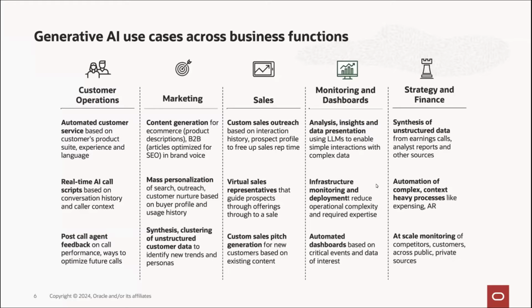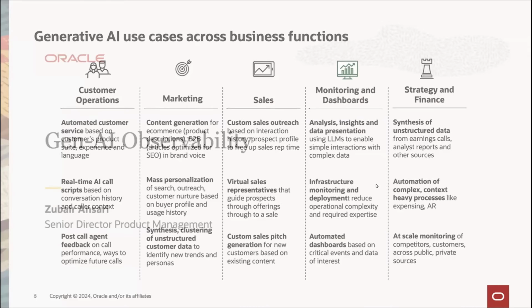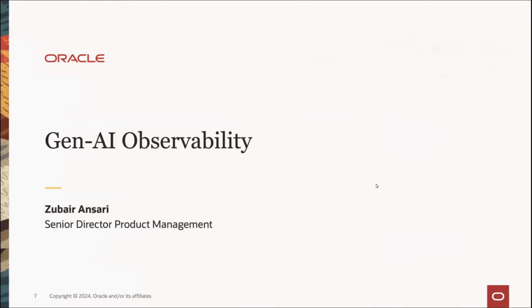I think that the cases that are enabling monitoring and dashboards will be much more clear once we go through the observability and management part, and I think that should be the focus of this presentation. Okay, so I will pass it back to Zubair Ansari right now, who's going to talk about GenAI observability.